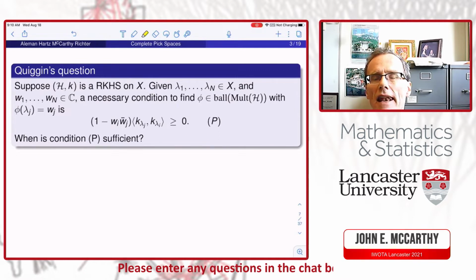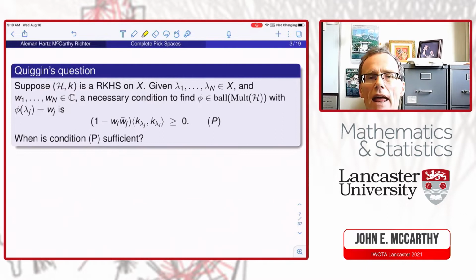I think of the lambdas as the nodes and the w's as the targets. So I'm given n nodes and n targets, w1 through wn. And the question is, can I find a multiplier of norm less than or equal to 1? Can I find a function phi in the closed unit ball of the multiplier algebra that interpolates? It maps each lambda j to wj.